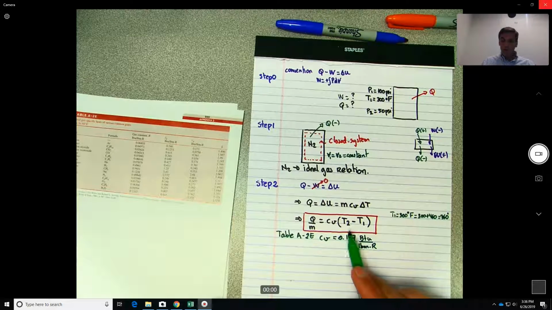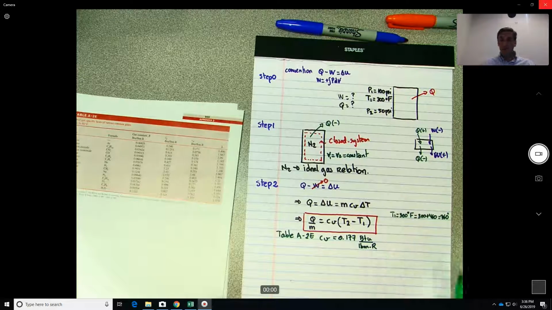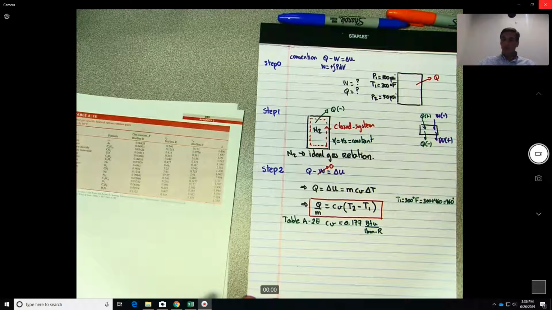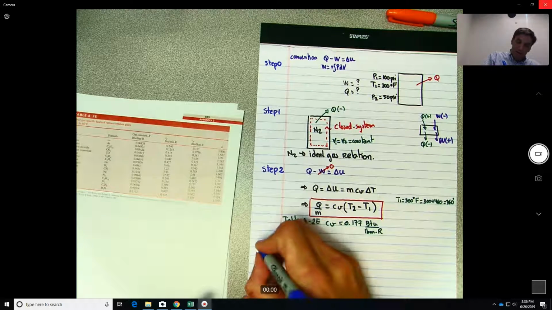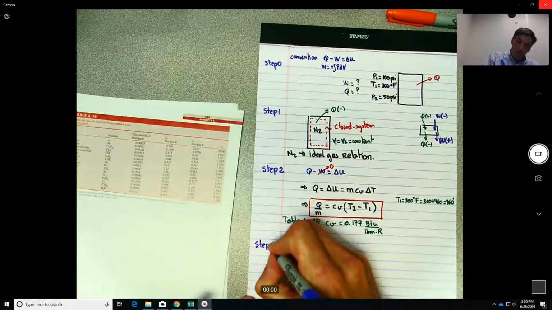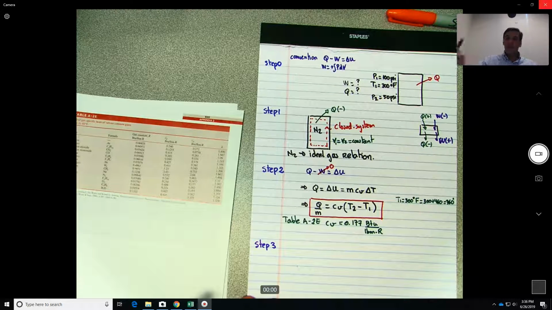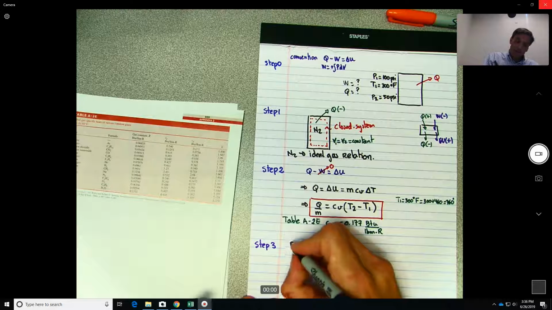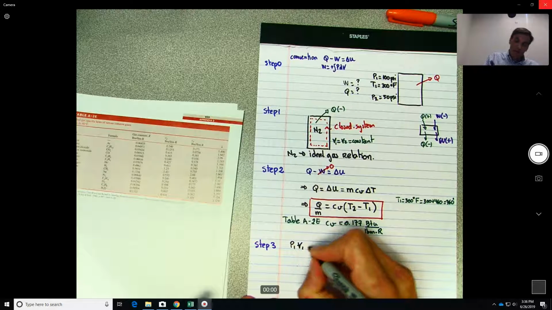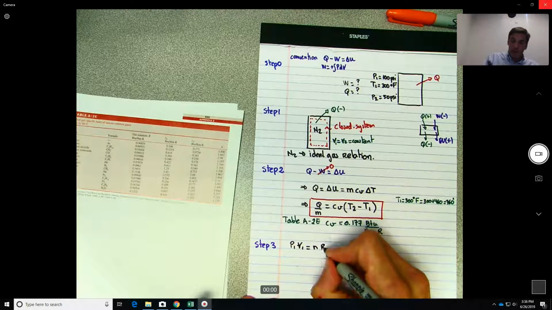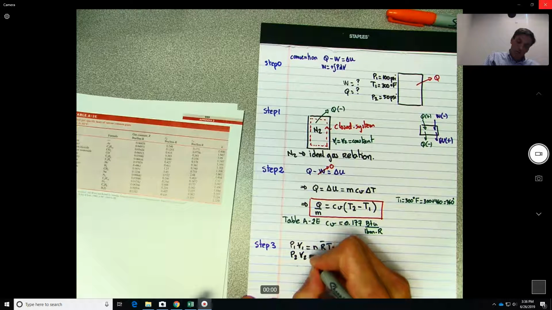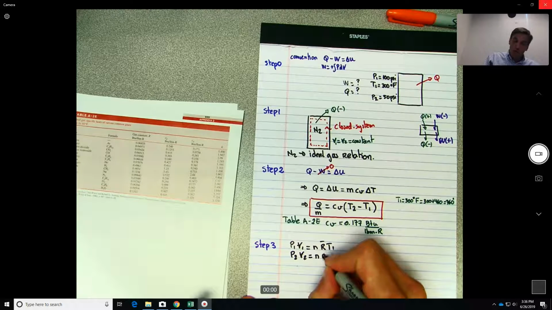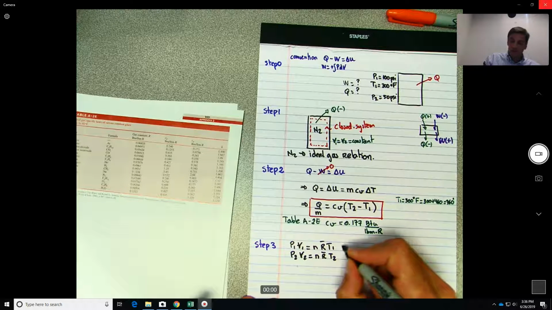But now we don't know T2, but we know P2, P1, and T1. So let's call this step 3. Since we know that the nitrogen is an ideal gas, we can say that P1 V1 equals n R T1, and P2 V2 equals n R T2.